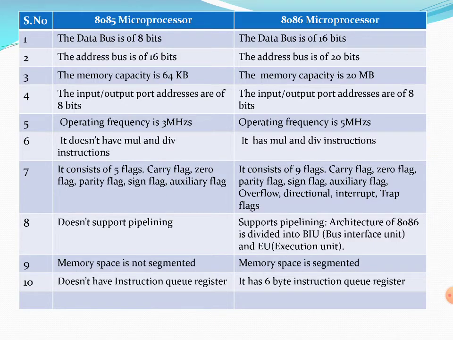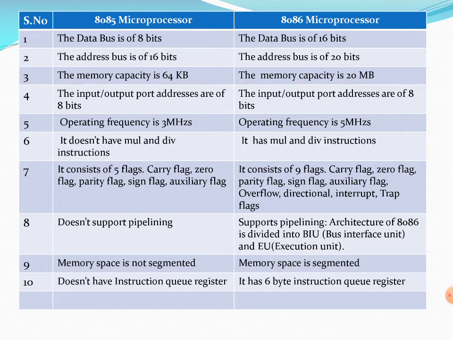Memory capacity always depends upon the number of address lines. The input-output port address is 2 power 8, which is equal to 256, the same in both cases. Operating frequency is 3 MHz for the 8085 and 5 MHz for the 8086.